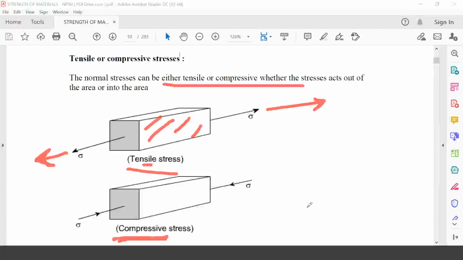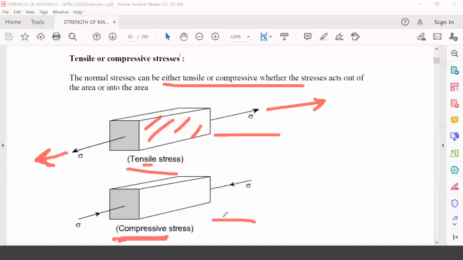Okay, sir. Then tensile or compressive stresses. So what is tensile and what is compressive? If you see the figure, the stresses can either be what? Compressive or tensile. Now in tensile stress, what will happen? Suppose this is the box. You are pulling it.